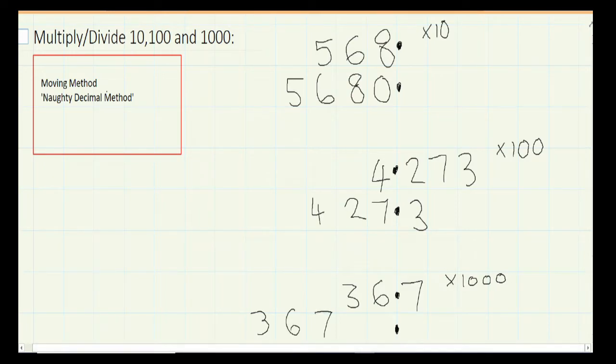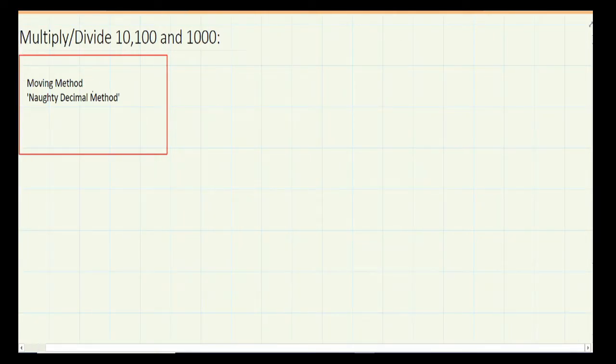If you get spaces like this before the decimal point, you're going to have to place zeros there. I always just check, did everything get 3 places bigger with the 3? 1, 2, 3, yeah. 3, 6, 7 is the order, and in the answer it's the order. So 36.7 times 1000 is 36,700.